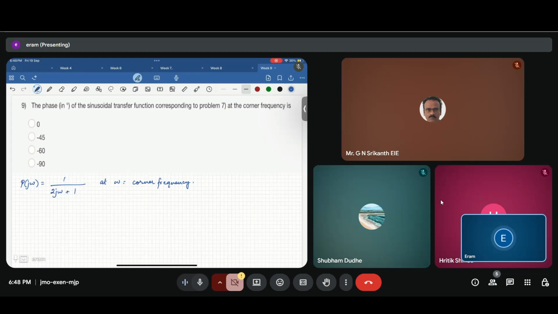The corner frequency we have just calculated was 1 by 2, so at omega equals 1 by 2 we have to calculate the phase.